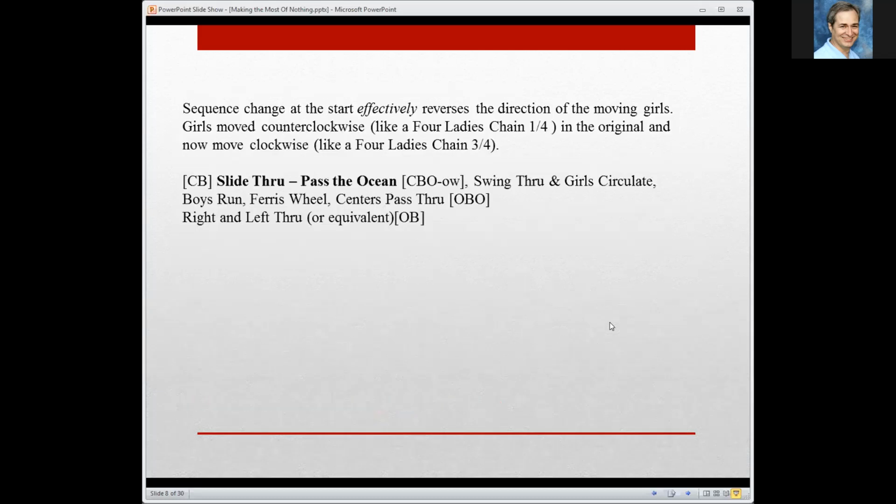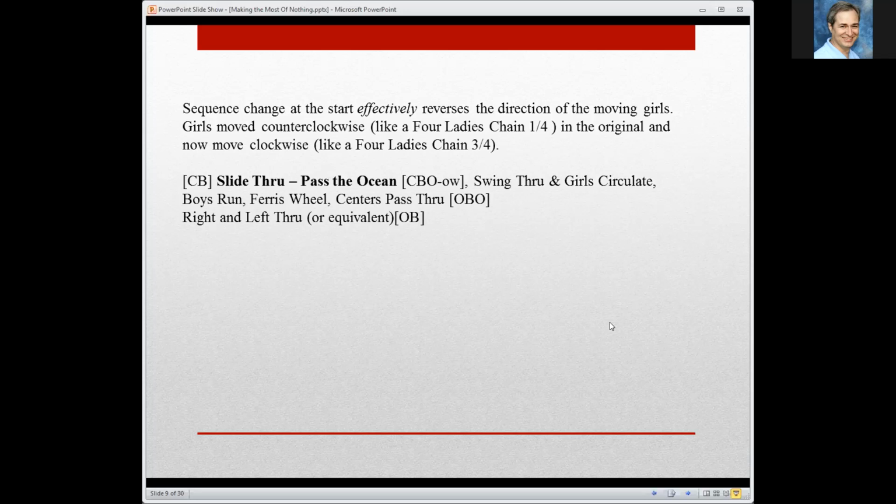Okay, so sequence change at the beginning basically reverses the direction of moving girls when we're dealing with a 4 ladies chain 1/4 or 3/4 effect. So the girls move clockwise, counterclockwise in a 4 ladies chain 1/4 effect. Imagine the squared set. If you called 4 ladies chain 1/4, you would end up with your right-hand lady.